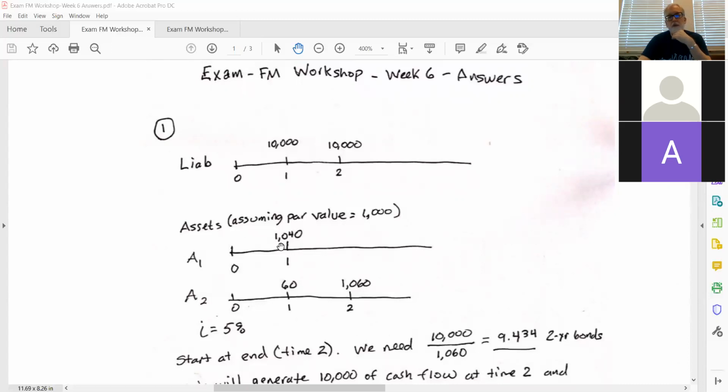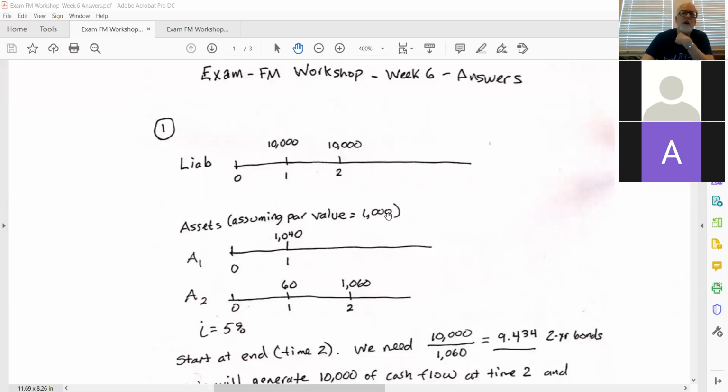So that's what the cash flows from that one. You can pick any par value you want because it's all proportional. I usually pick a par value that will give me a low number of bonds needed. So if you picked 100, that's fine as long as you're consistent all the way through.